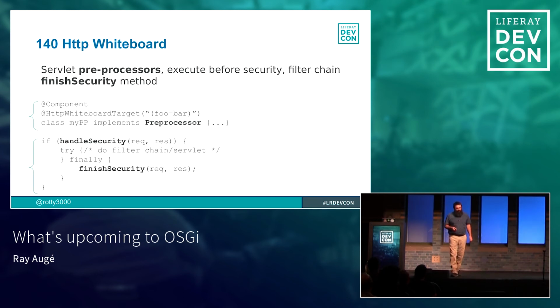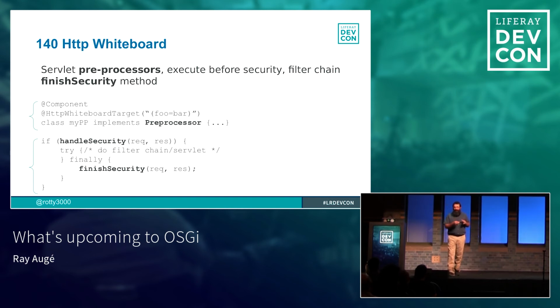Next, in HTTP Whiteboard, we added something called servlet preprocessors. Preprocessors are basically, if you ever used Tomcat way back in the day, there was, before the filter chain, an integration point that would execute before the filter chain executed.